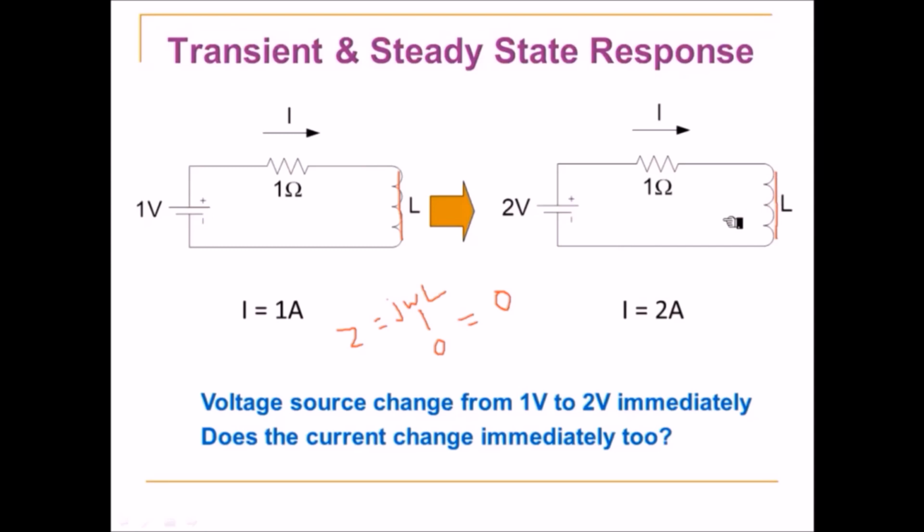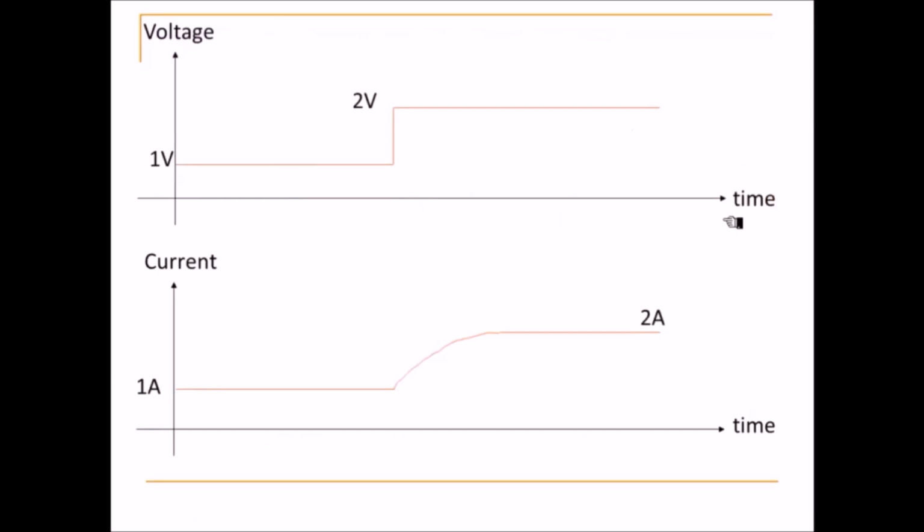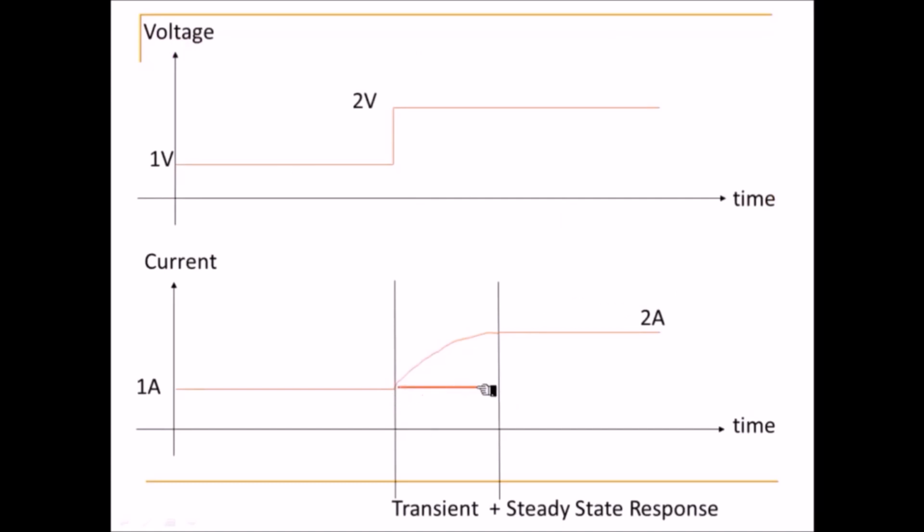This time is basically called the transient period, and the analysis during this interval is our interest in this lecture or in this module. For the remaining period, when the inductor is acting as a complete short circuit, the current flowing through the circuit becomes 2 ampere. This comes under steady state response or steady state analysis.